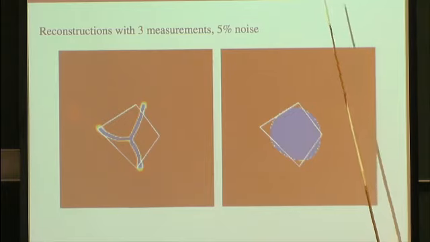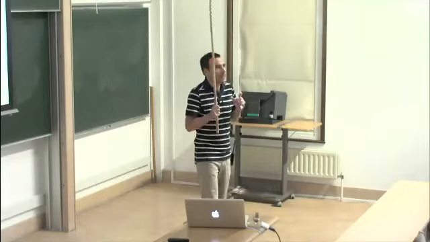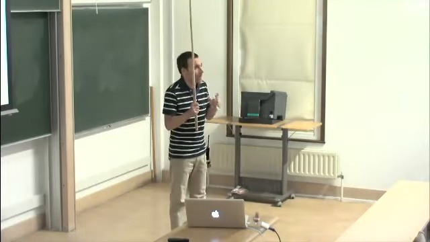The problem is that the problem is ill-posed. So the cavity and this kind of structure essentially have a very good match on the boundary data, so you cannot really distinguish them if you have some noise.